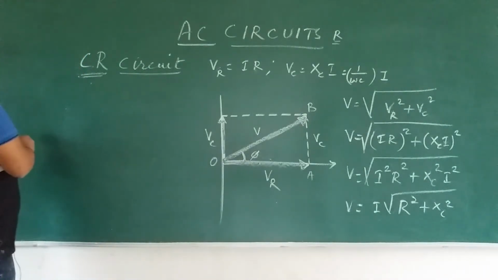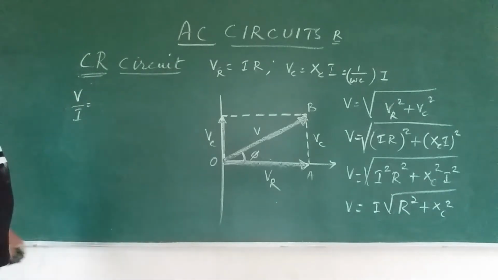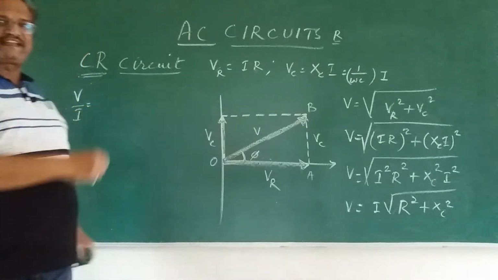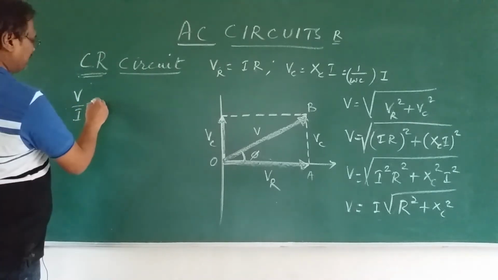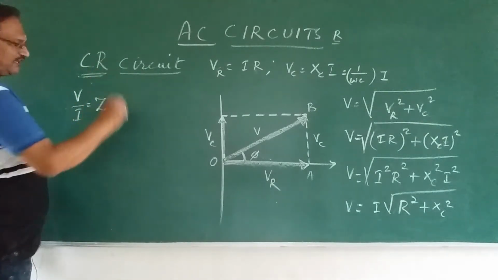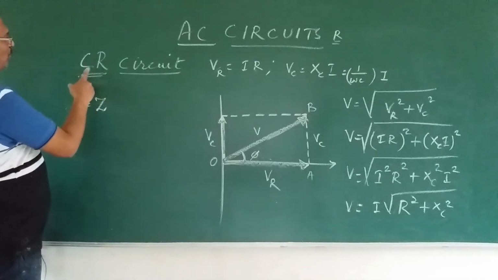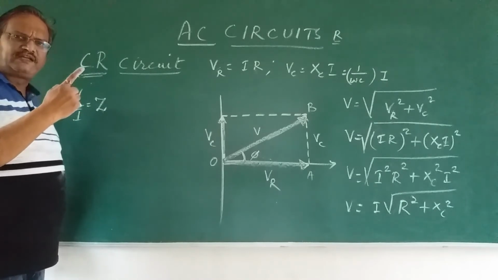V by I: normally in DC it is resistance, but in an AC circuit it is called impedance. The symbol of impedance is Z. You use impedance when you have more than one component. If it is only one component, it is reactance.